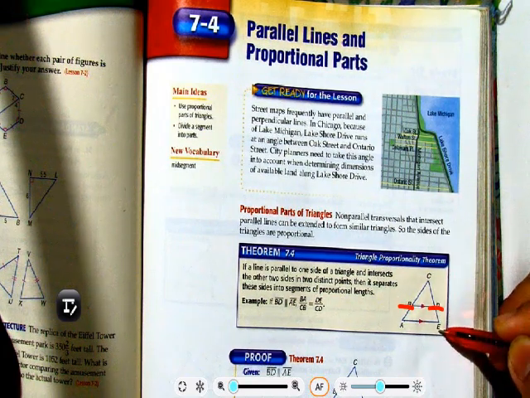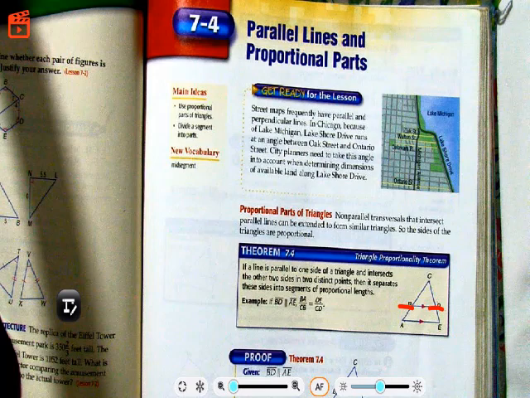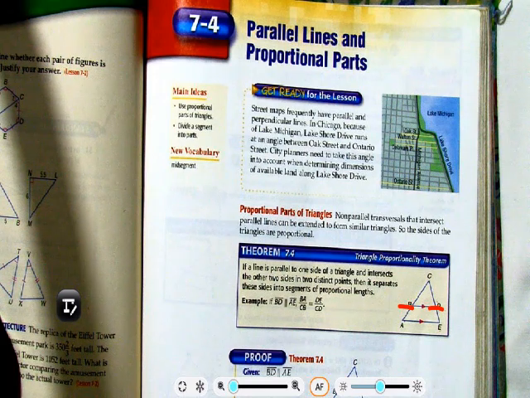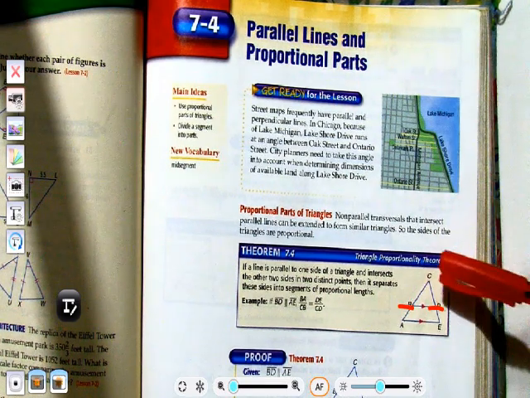That is how you make the fraction, and from there you go back to the process of solving a fraction equals a fraction, the one that we have been using in this chapter 7, which is getting the cross product and then solving for what is being asked for. So that's the basic of the triangle proportionality theorem.